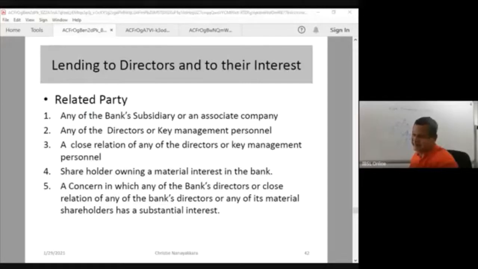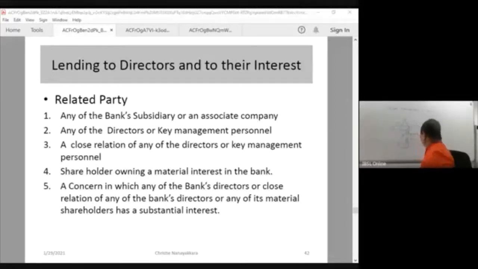So when they borrow, the related party rules will apply to them. But D has 3 other companies, E, F, G. B has funded 100% of E, so E also becomes a related party. B has funded F by 20%. We said material interest is 10%. So since it exceeds material interest, F also becomes a related party. But B has funded only 8% of G. Now these 5 companies, if they come to borrow money, are called related parties.